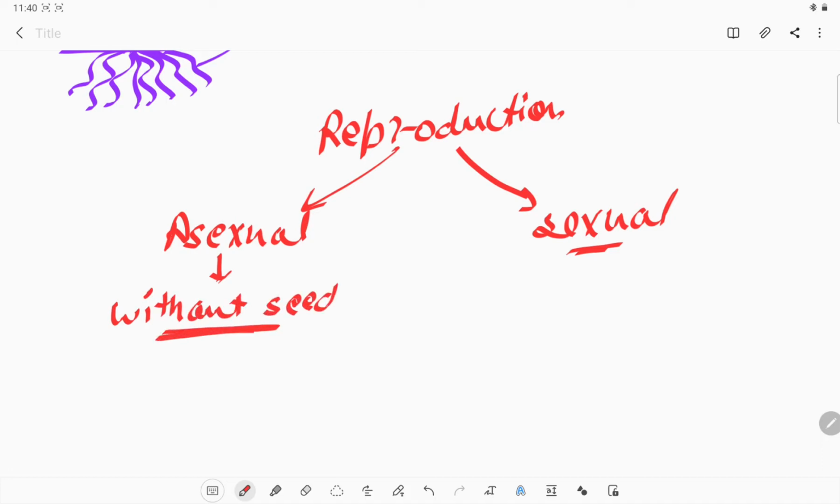If the plant is growing without any seed, then we can say that it is asexual. When sexual, that means the plant will grow from the seed itself. If we are using a seed, it is sexual reproduction. In asexual, there is no seed formation, and no plant grows from a seed.